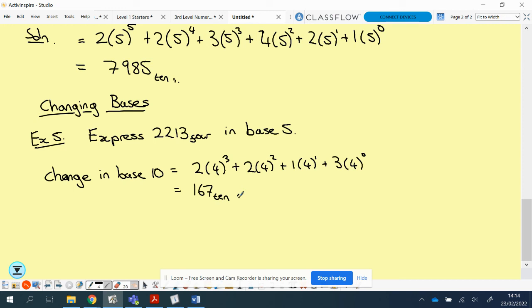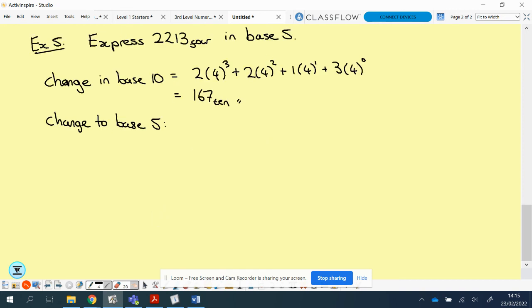Right, we're in base 10, I want to put this back into base 5, so that's when I use the Euclidean algorithm. So I'm changing to base 5. I'm working out how many 5s fit into each number now, so for 167, 5 fits into 167 33 times, with 2 as a remainder. Okay, so I'll bring the 33 over, 5 fits into 33 6 times, with a remainder of, not 2, let's try that again, the remainder 3.